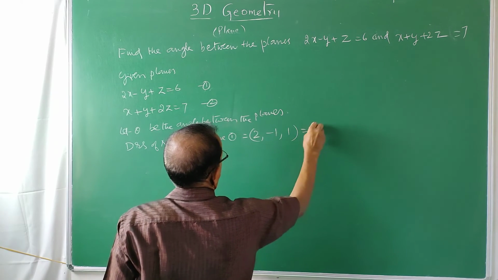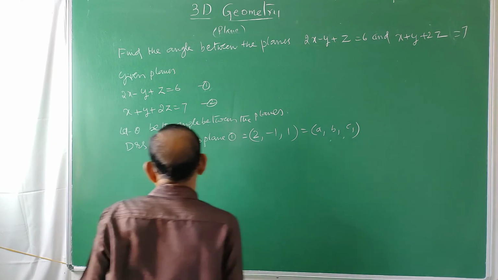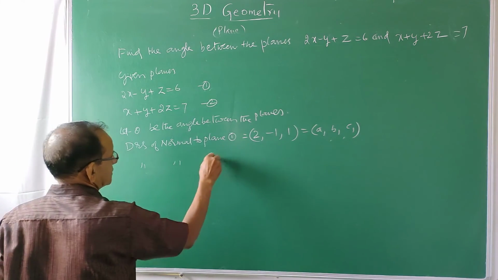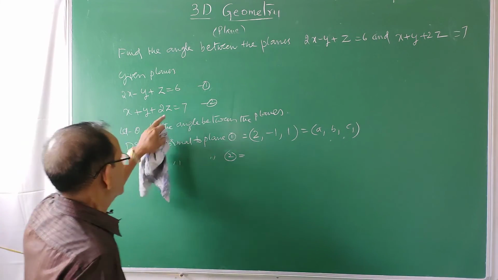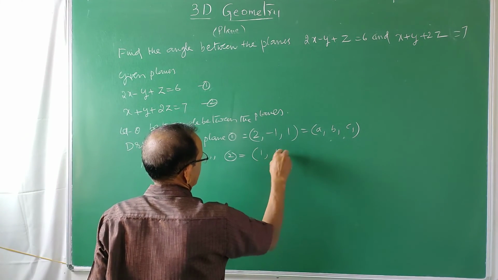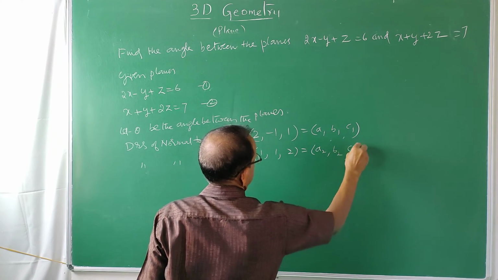You have to take them as a1, b1, c1. And the DRs of the normal to plane 2 are the x, y, z coefficients 1, 1, 2. Take them as a2, b2, c2.